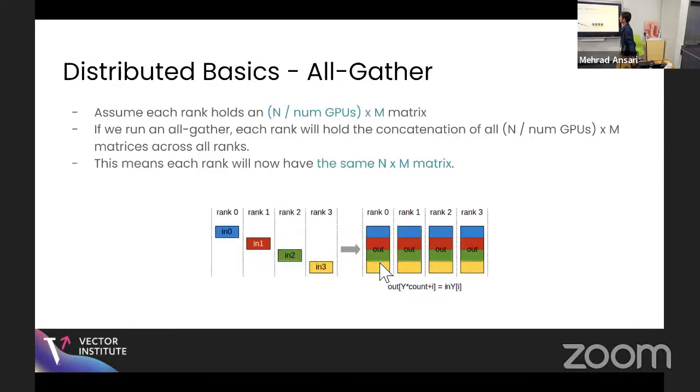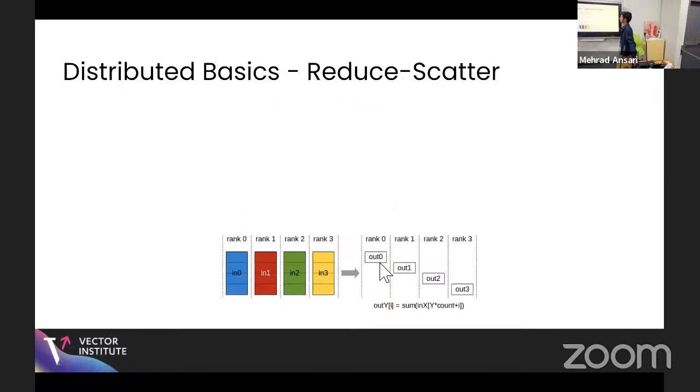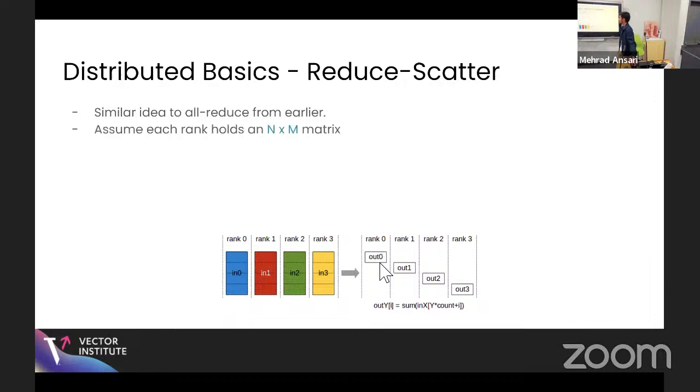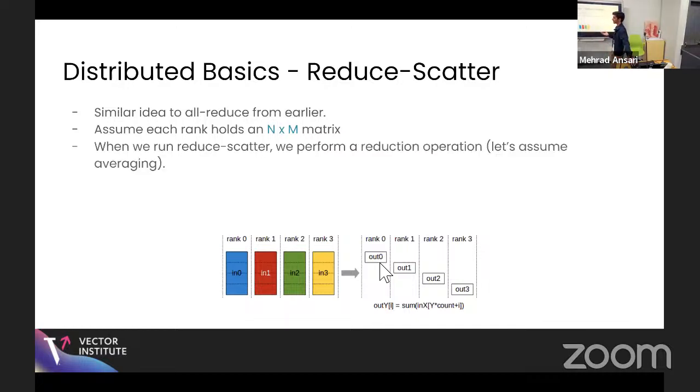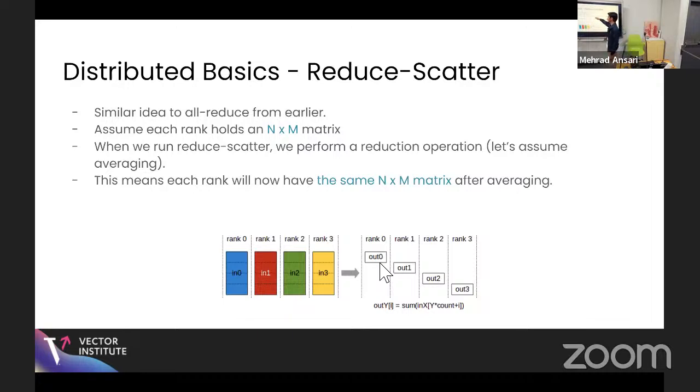And finally, the last one is called the reduce scatter. It's similar to the idea of the all reduce that I spoke about earlier. Again, assume each rank holds an n by m matrix. When we run this reduce scatter operation, we perform the reduction operation as you would have done earlier. So once we run the all reduce, we will have that same n by m matrix at the end.